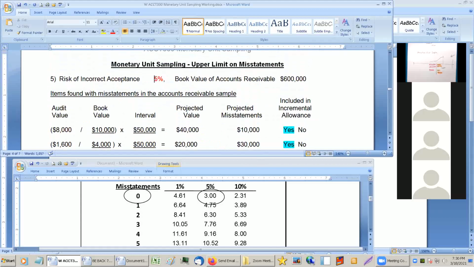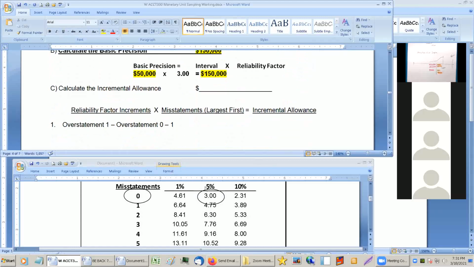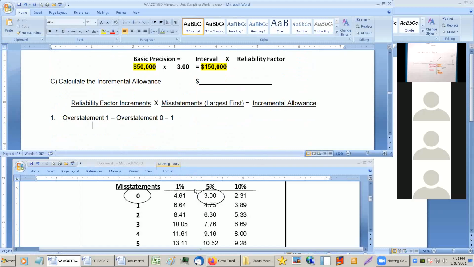At 5%, we go to the reliability factors, and we say, what is the incremental factor from 0 to 1?